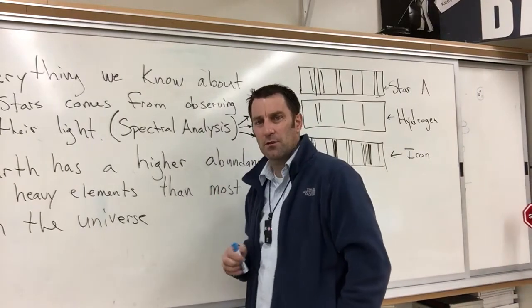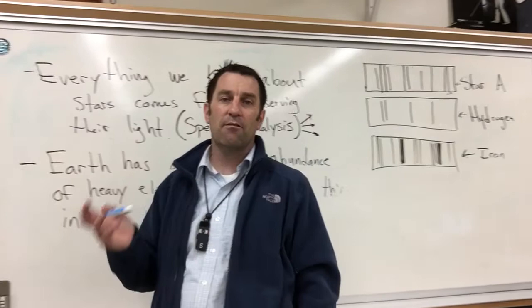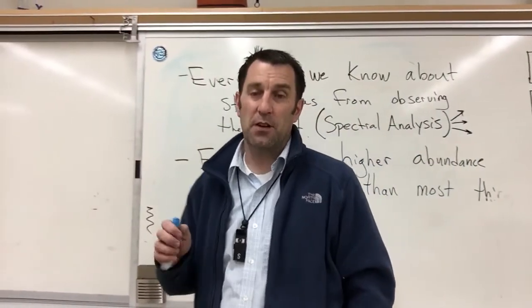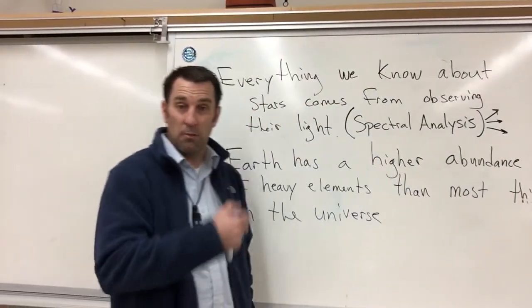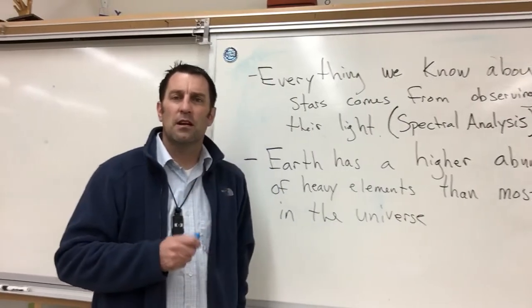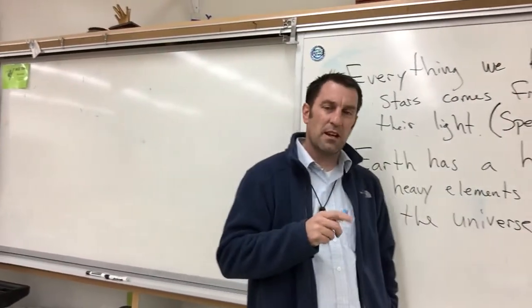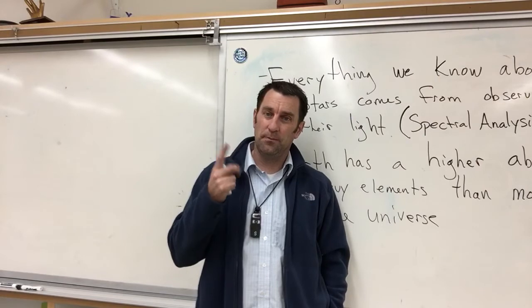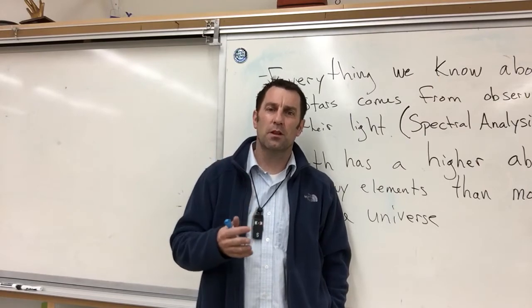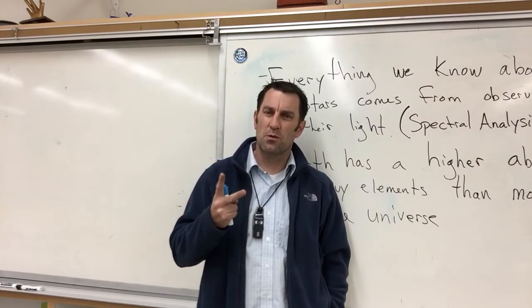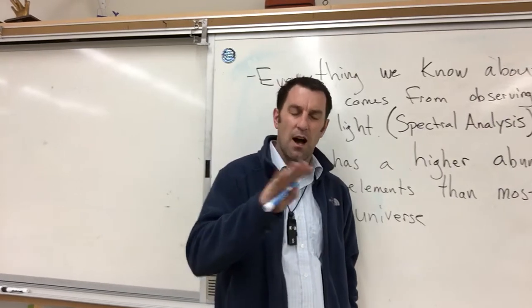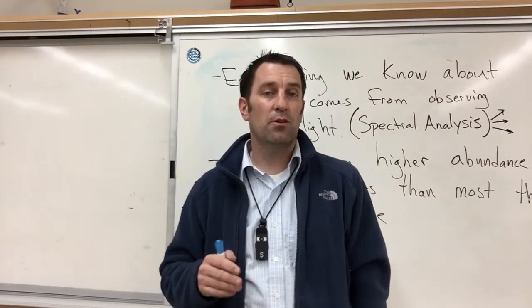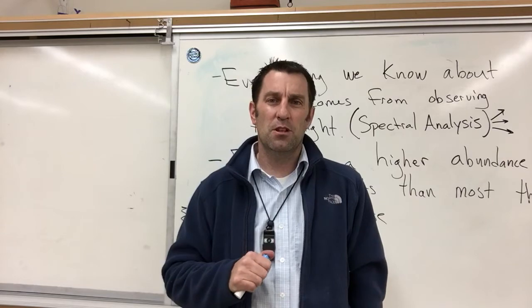Earth has a lot of those elements compared to your average star out there in the universe, and most matter is in stars. If we look at a star, it's mostly made out of light elements like hydrogen and helium, but mostly those two things. And hydrogen would be the most abundant element in the universe.